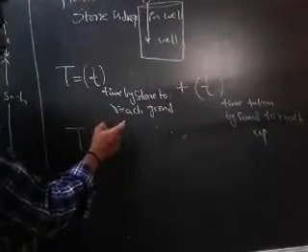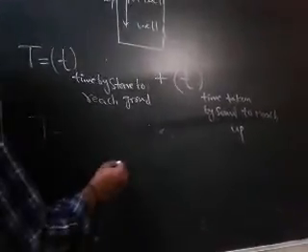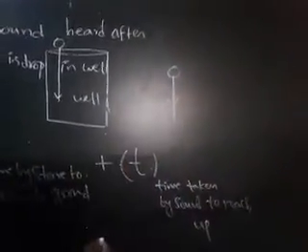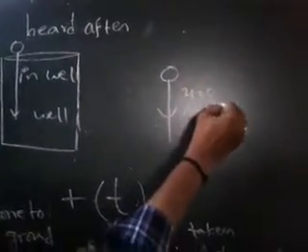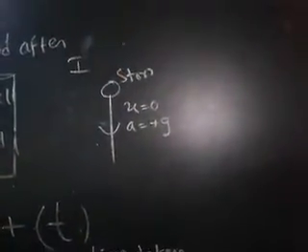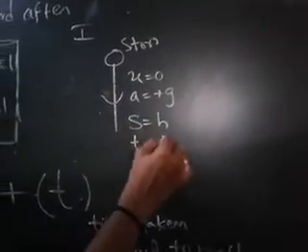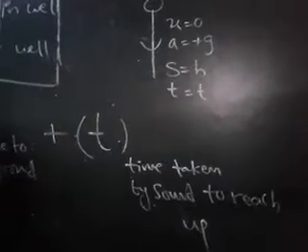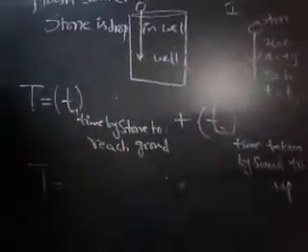Therefore, the time taken by the stone to reach the ground, according to the equation of motion. First case: the stone is dropping, so u is equal to 0, a is equal to plus g, s is equal to h, t is equal to t1. In the second case, t2.